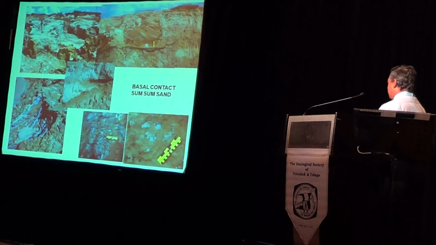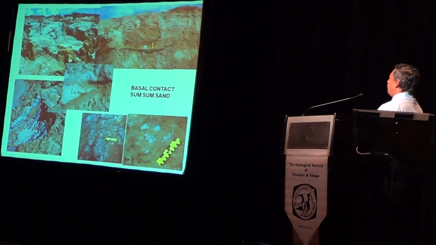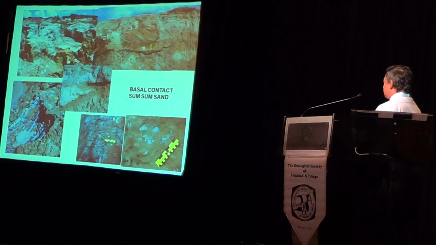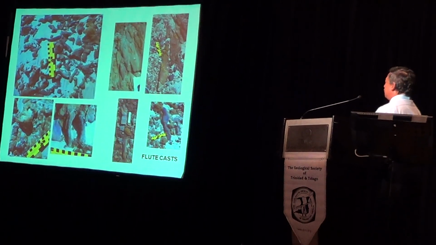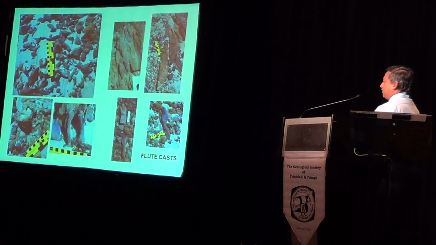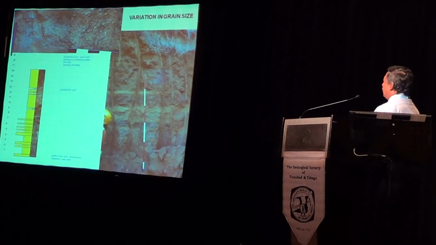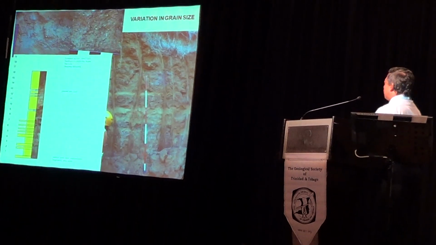In Windsor Park again, we've also seen these clear rip-ups. There's an iron, I call it a big concretion surface beneath these sands. Similar stuff, we're seeing fruit casts, we're seeing Thalassinoides, very similar to what we saw in North Soledad Road. Again, we're also seeing here a lot coarser part of the facies.